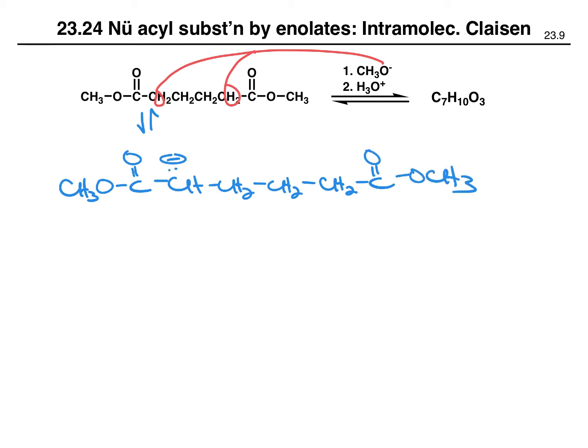That will give us this. Let's make this easier on ourselves by numbering our carbons. And you'll notice here we have our nucleophile, and within the same molecule we have our electrophile.